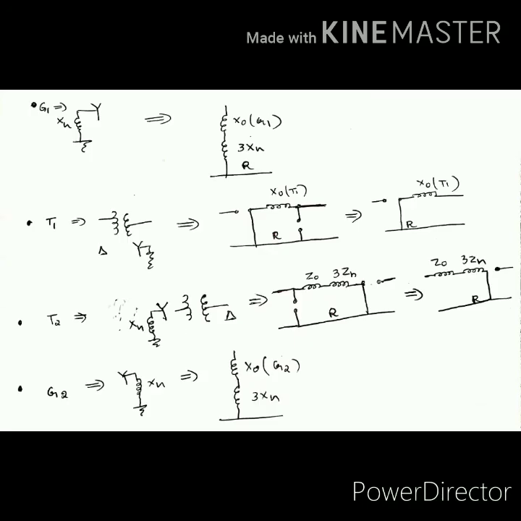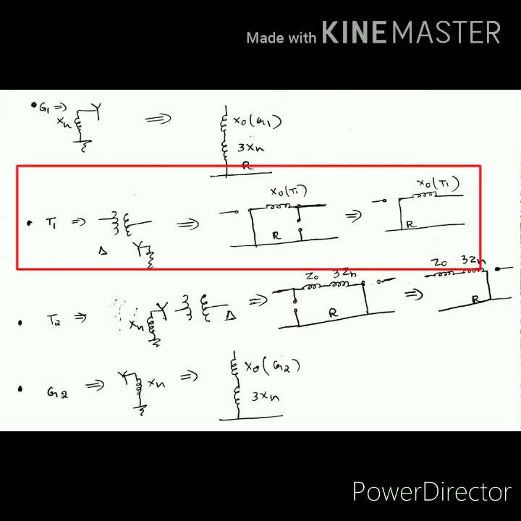Now, important is zero sequence network. What will you do for zero sequence network? First one is a generator. Star with its neutral grounded through a reactance Xn. So for that you have X naught of G1, and then in series you have 3 into Xn. Then you have transformer T1 whose primary is delta and secondary is star with its neutral solidly grounded.